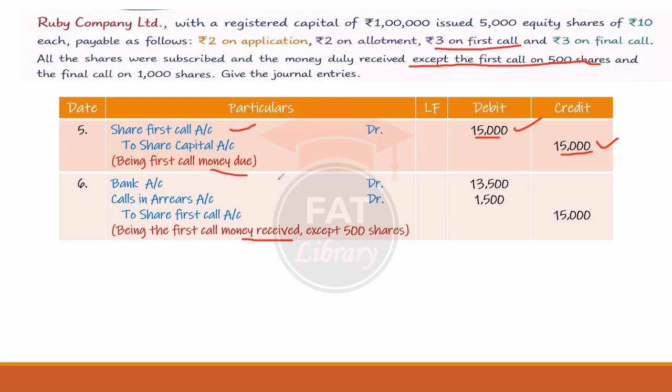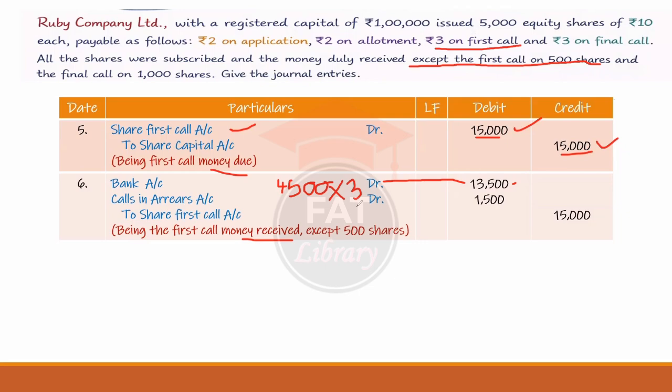That means the company is receiving the amount only for 4,500 shares. 4,500 shares multiplied by 3 rupees per share comes to 13,500 rupees.